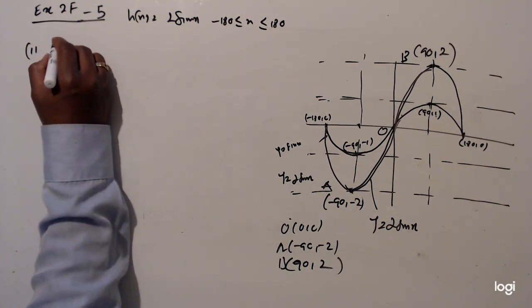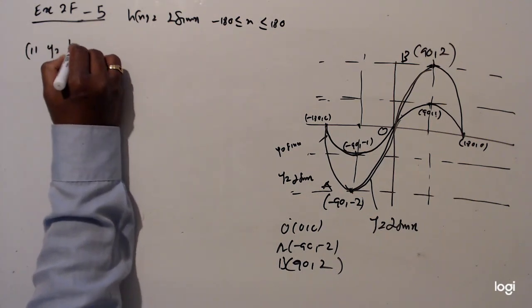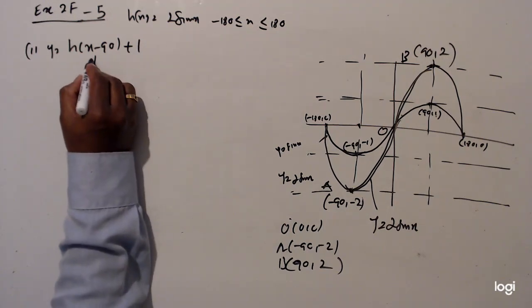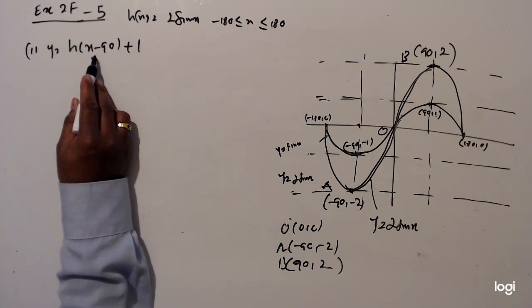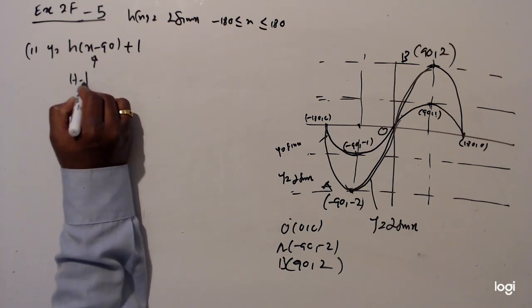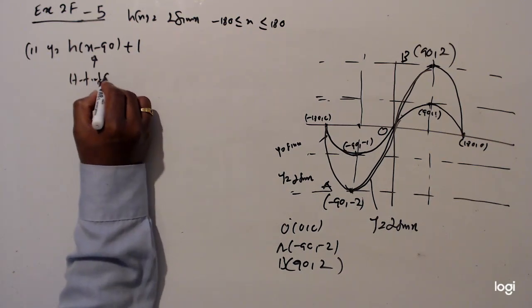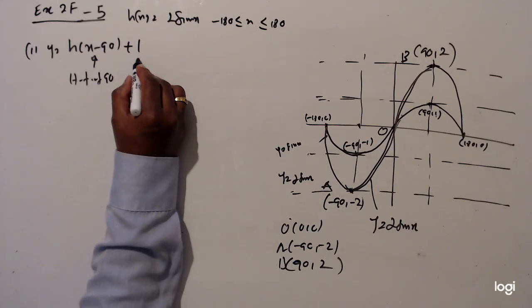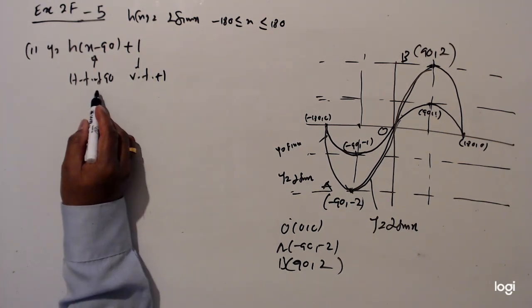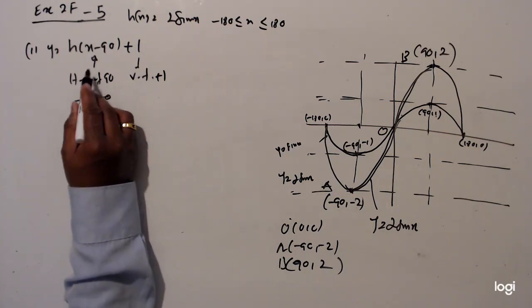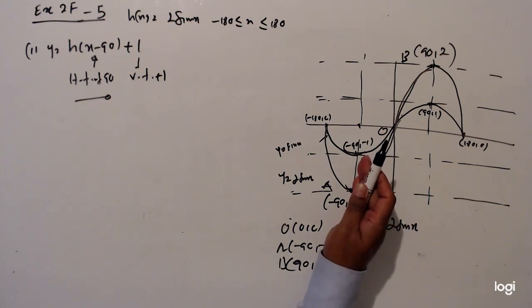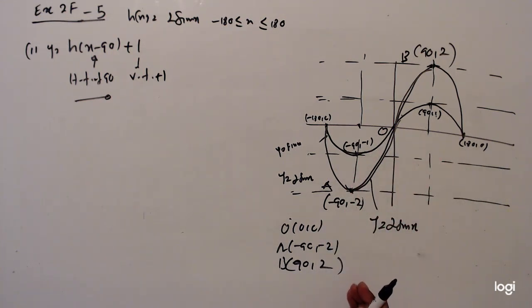For part 1 we have to do y equal h(x minus 90) plus 1. So this is a horizontal translation of 90, and this is a vertical translation of plus 1. So we have to shift 90 degrees to the right. The graph should shift 90 degrees to the right.